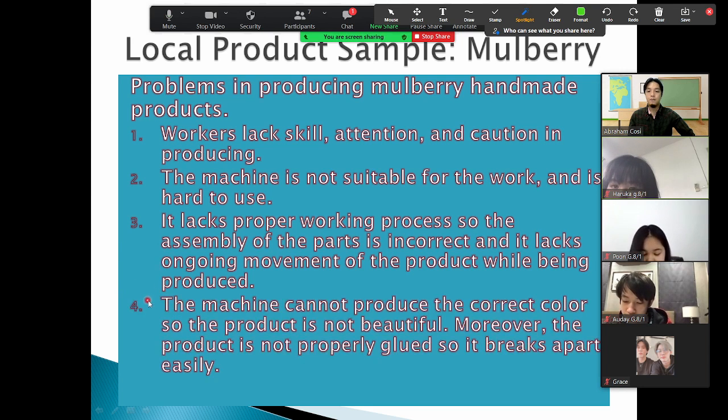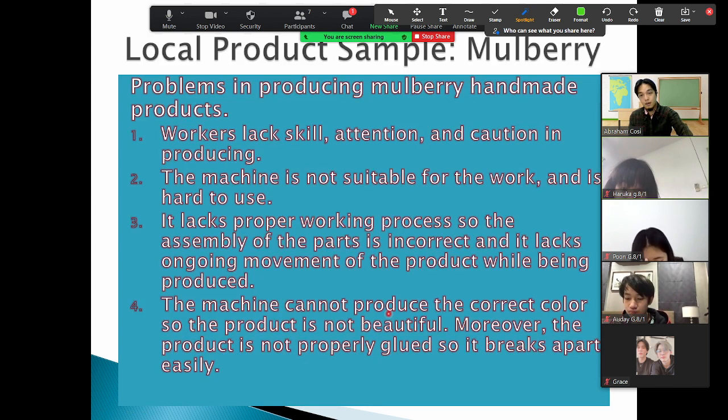And the last one, the machine cannot produce the correct color, so the product is not beautiful. Moreover, the product is not properly glued, so it breaks apart. So again, this involves labor, and we can also say technology and the capital.